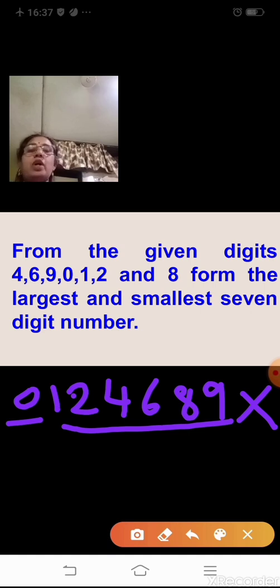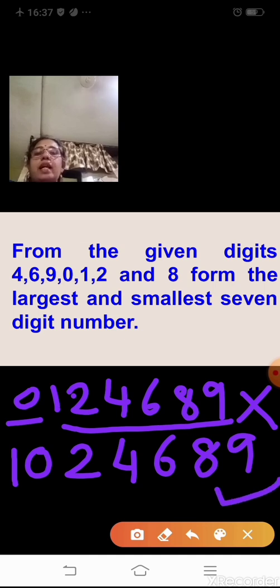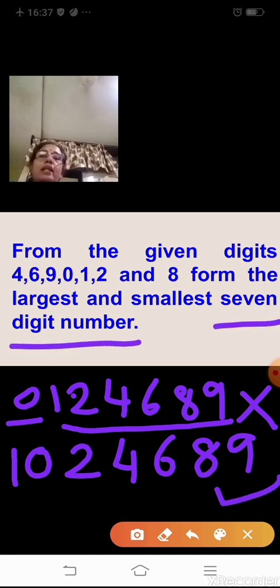So to form the smallest 7 digit number, I will write the second smallest number, that is 1, first, and then 0, and then 2, 4, 6, 8 and 9. Since we have to form a 7 digit number, this is the correct way: you write 1 first and then 0.